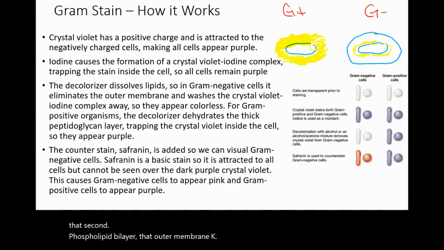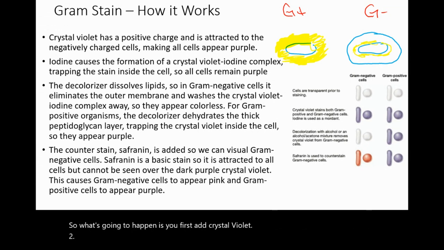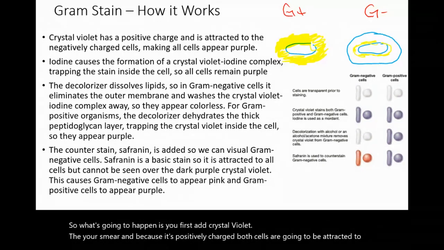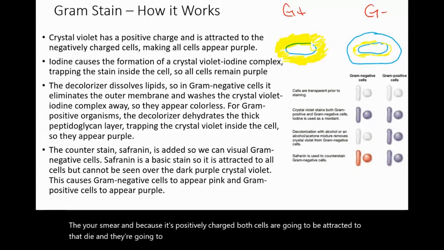So what's going to happen is you first add crystal violet to your smear, and because it's positively charged, both cells are going to be attracted to that dye, and they're going to become purple, which is what you see right here. We're kind of following along right there. So right now they're both purple.